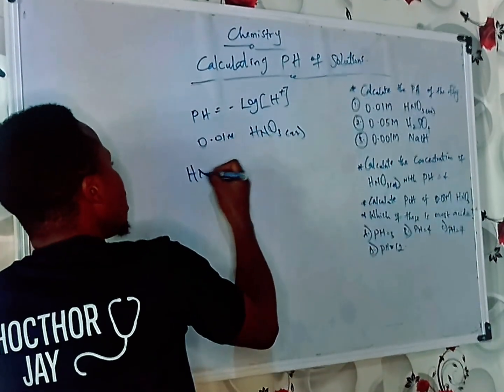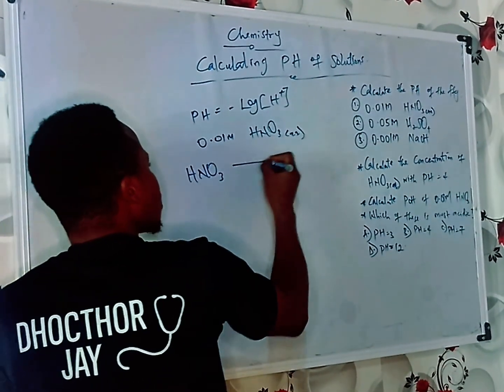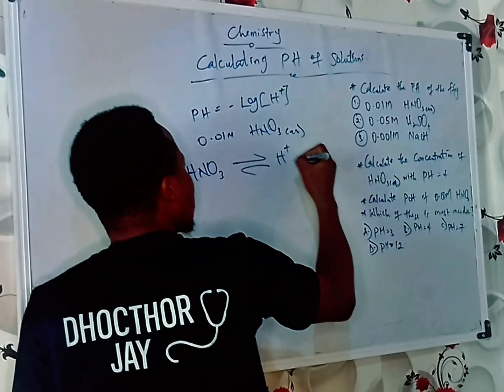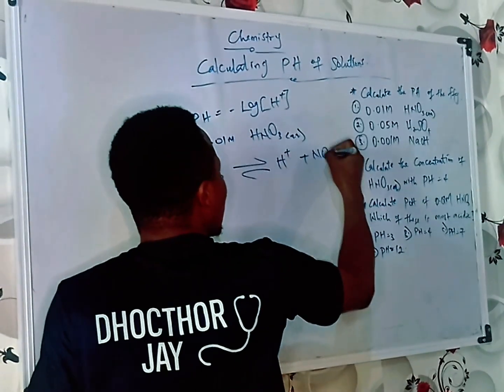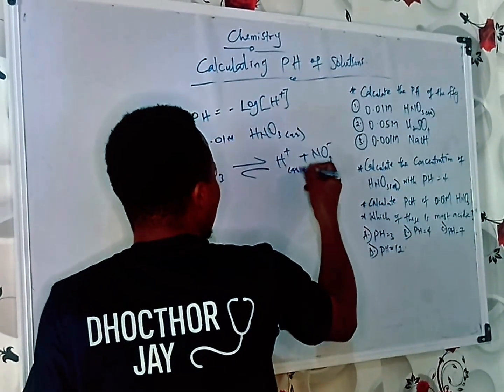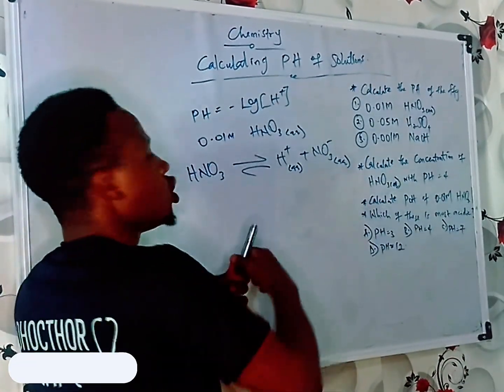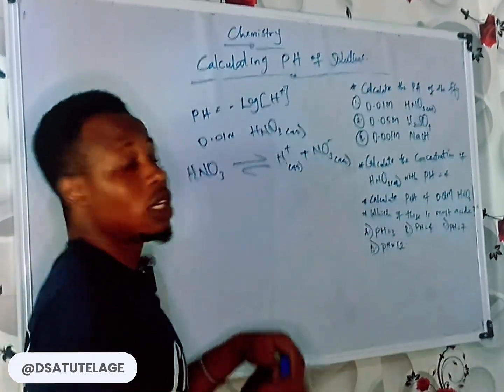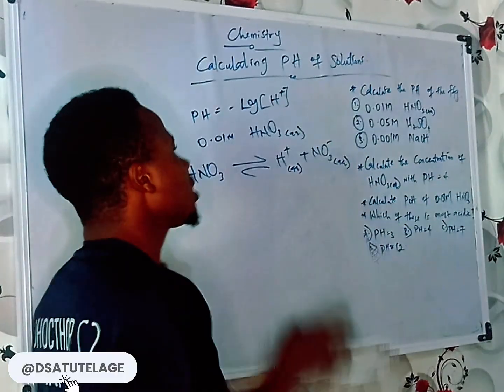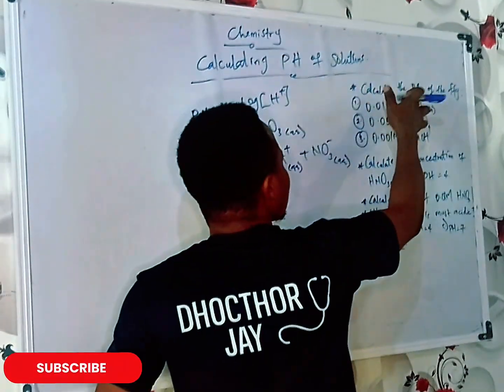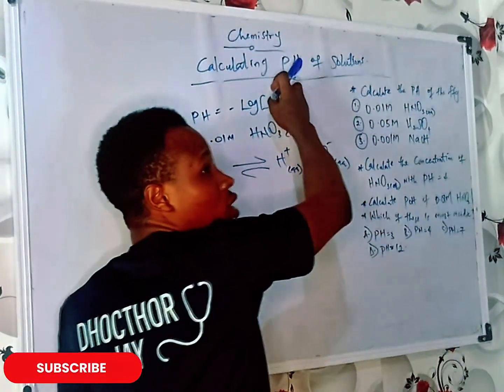So you're going to have HNO3, reversibly giving us H plus and NO3 minus. So now that we have our H plus, which we are going to use in our formula pH equals minus log H plus, it means that the concentration you are given in the question is not the concentration that you are expected to use here.